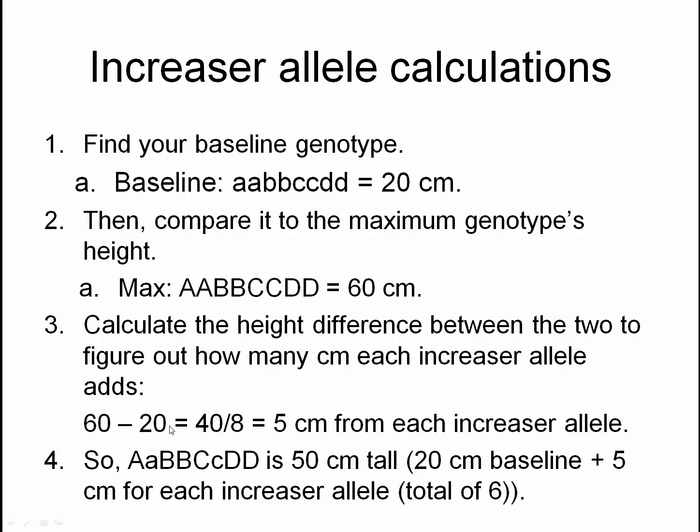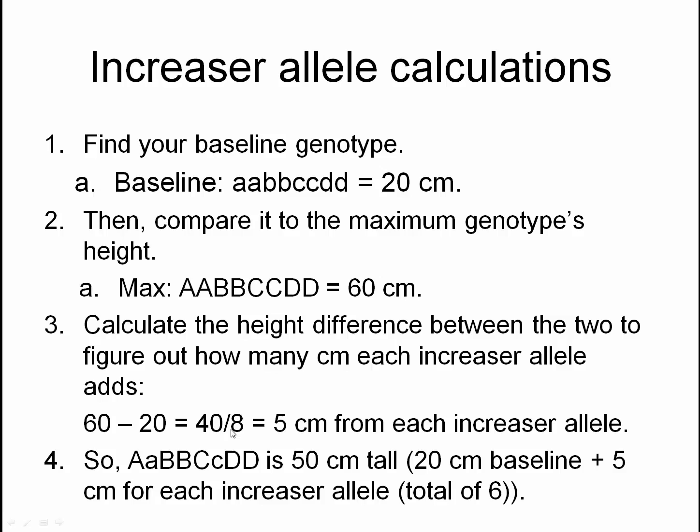And then the denominator is x1 minus x0, but x1 just refers to the number of capital alleles in my multilocus genotype. So for the maximum, you can count it, it's 8, right? A, A, B, B, C, C, D, D. And for the minimum genotype, it's 0. So I have 8 minus 0 in the denominator.